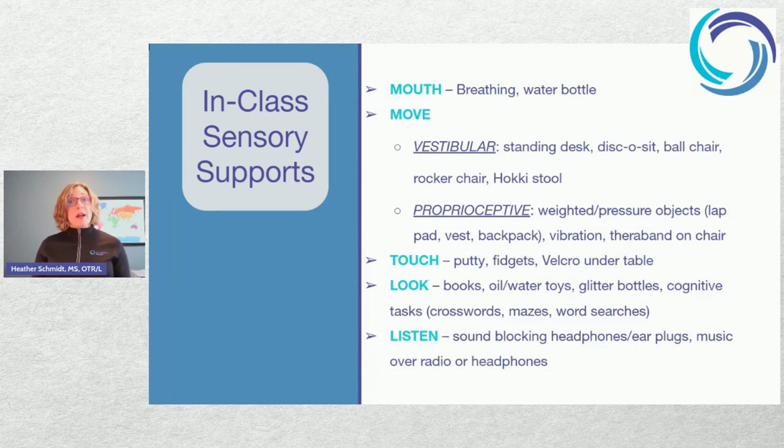And so you may or may not choose to have a discussion with your entire class to say, different people need different things to be able to learn and to be able to participate in their day. Some people need glasses to be able to see clearly. Some people need a different tool like a hokey stool or a vibrating seat cushion to help them to pay attention. Everybody is different, and we want to honor different people's ability to access their education and participate in their school day.